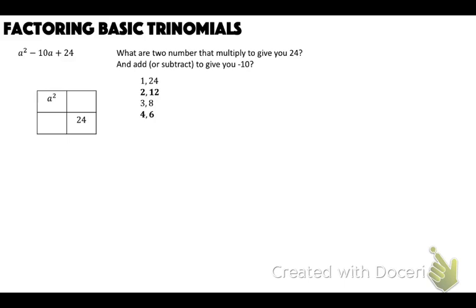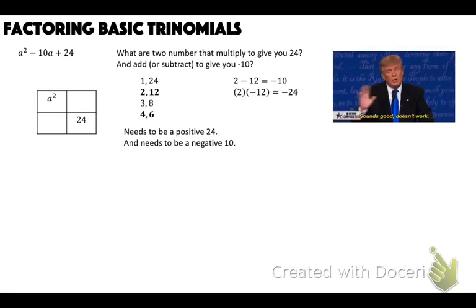But they need to multiply to give me a positive 24. The only way I'm going to get a positive is with two negatives or two positives. So 2 minus 12 is negative 10, but 2 times negative 12 is negative 24, so that does not work.